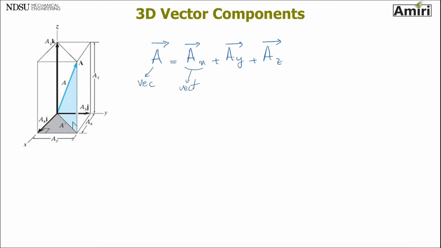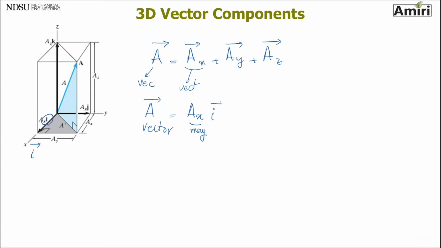If I want to use Cartesian notation, one side is a vector, so the other side needs to be a vector too. But look what I'm doing. I will use the magnitude of ax. One side is a vector, this side is a magnitude. What is missing? A direction. How can I add direction to ax? By using unit vectors.